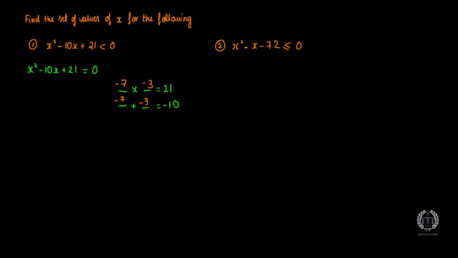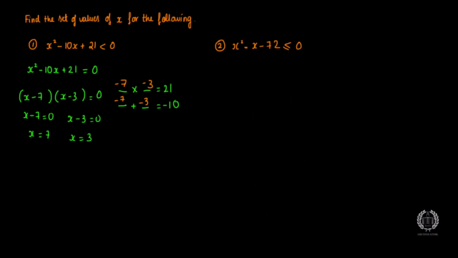Right, now what I'm going to do is put this into brackets. We've already started factorizing, so now put the x, and then minus 7 and then minus 3. Now one of your solutions is x minus 7 equals 0, so x equals plus 7, and the other one is x minus 3 equals 0, so x equals 3.